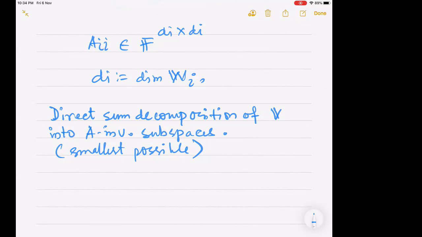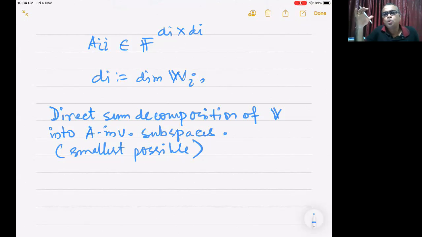So all those matrices or linear operators which are not diagonalizable, for them we can try and decompose the whole space into such smallest possible A invariant subspaces, so that the whole space can be written as a direct sum of these subspaces.